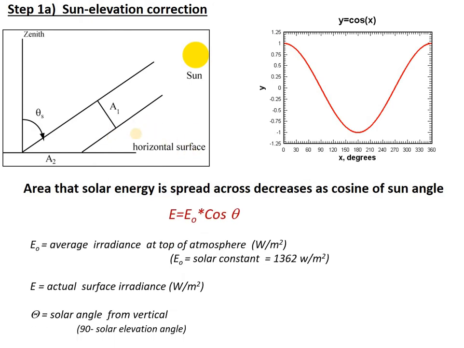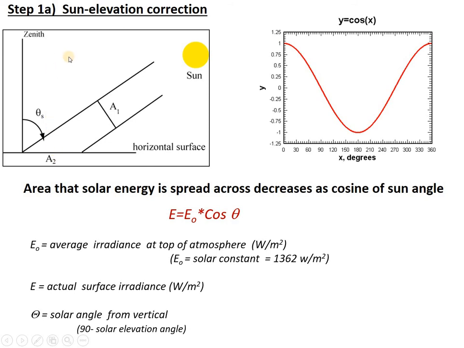The first correction we're going to make to get to E is the sun elevation correction. This is the simple idea that when the sun is high in the sky, it puts down a higher energy density onto land. In other words, the photons from the sun fall over a smaller area and you get a higher energy density.